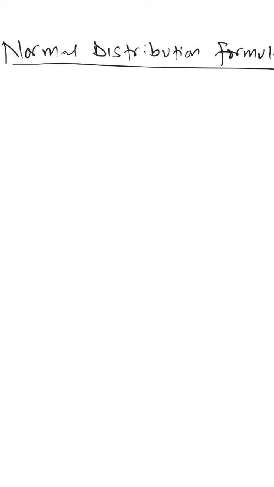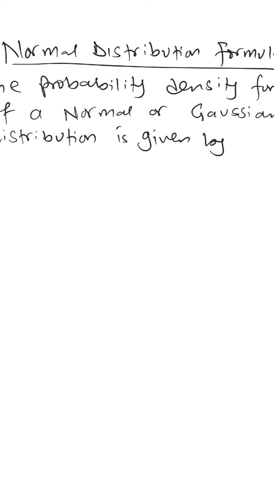Okay, we know the probability density function. We discussed the PDF in continuous and discrete random variables. So this is the term you must be familiar with. The probability density function of a normal or Gaussian distribution is given by f of x, mu and sigma.